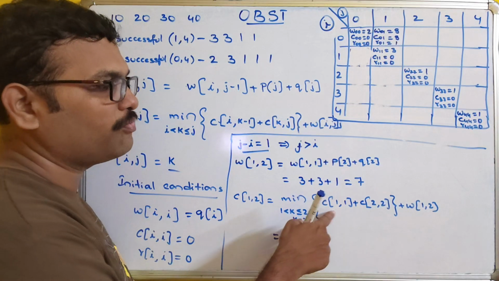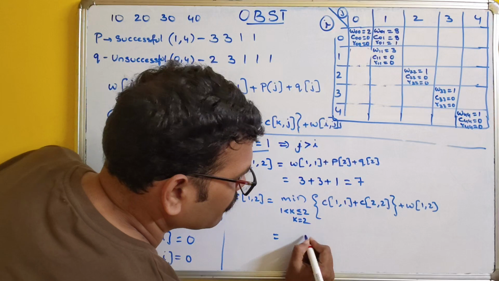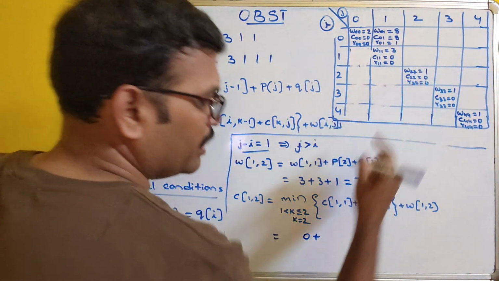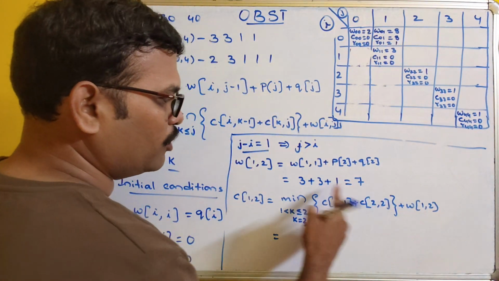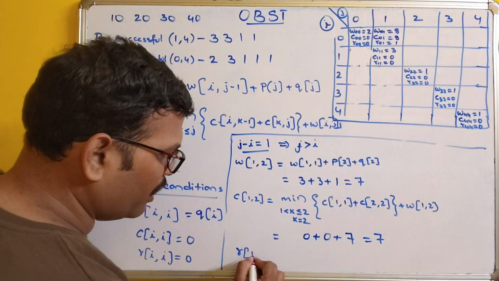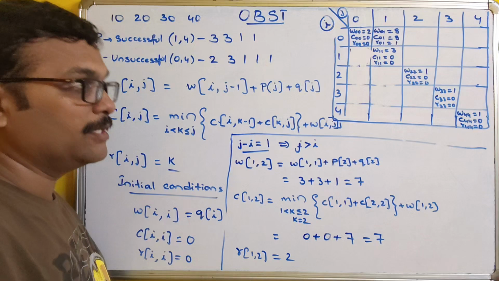So k is equal to 2. C of 1 1 is 0. C of 2 2 again is 0, plus W of 1 2, which is 7. So that is 7. So the root of 1 comma 2, only one value k is there, so that will be 2.